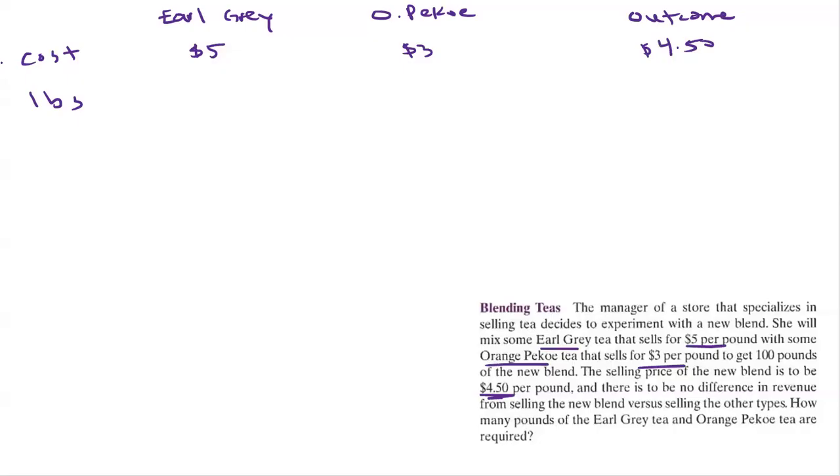So now let's focus on the pounds. We don't know how much she's putting in Earl Grey or pekoe, but we do know she has 100 pounds of the new blend. Okay. So let's put X for Earl Grey. And for orange pekoe, how much would that be? If I have 100 pounds, how much does orange pekoe get? Think about what we just did on the previous problem.